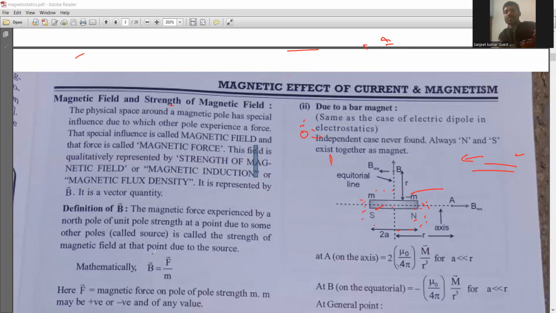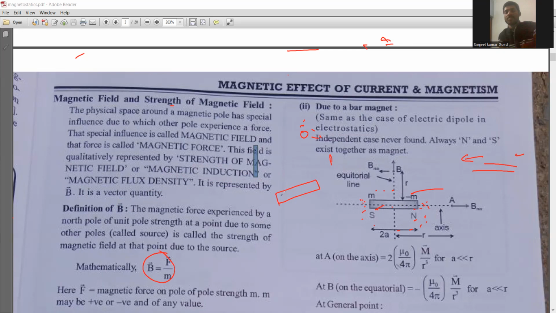So here, look at how B is defined. Just think, this is a magnet, and I should read these sentences so that it is clearer to all of you. The magnetic force experienced by a north pole of unit polar strength at a point due to some other poles, called the source, is called the strength of the magnetic field at that point due to the source.